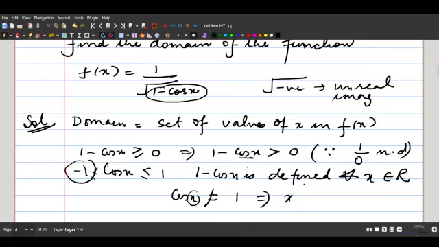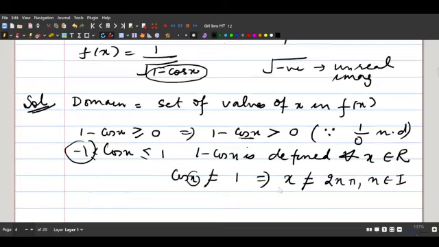It implies that x should not be a multiple of 2 pi. So in general, we write that x should not be 2n pi, where n belongs to the integers, because angle can move in the anticlockwise direction or in the clockwise direction. That's why n belongs to the integers.